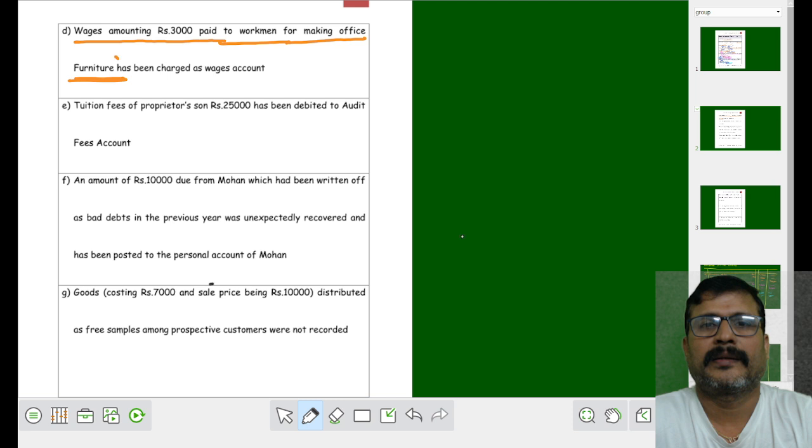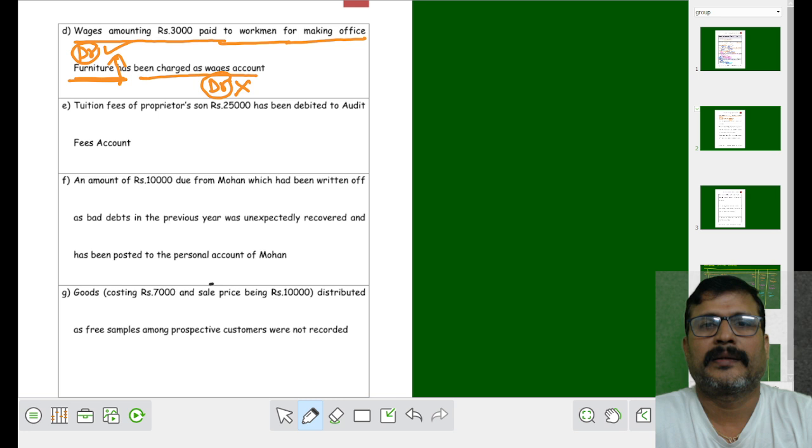When your furniture increases, asset increased, it is to be correctly debited. But unfortunately, it has been charged to the wages account. It is being entered in the wages account, then it is a wrong debit.